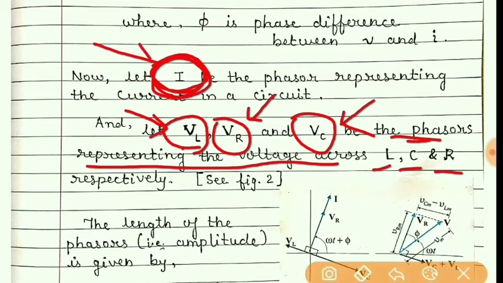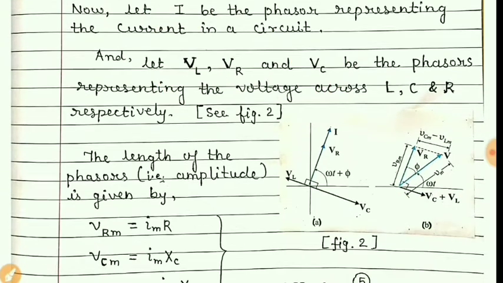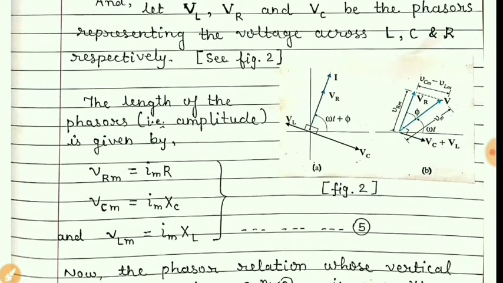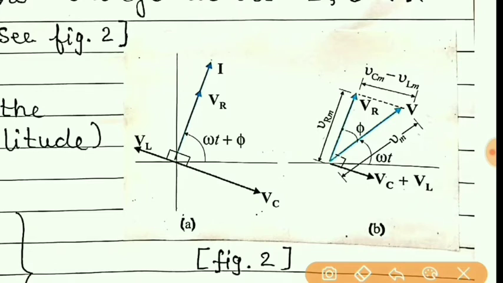That's why the phasor I is common for all the components, but the potential differences will be different. Now you can see here, and we have studied in our first lecture that if this is the current phasor, then the voltage phasor will also be on the same line.